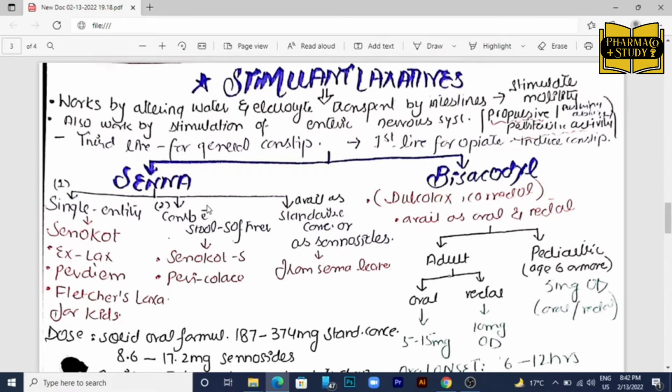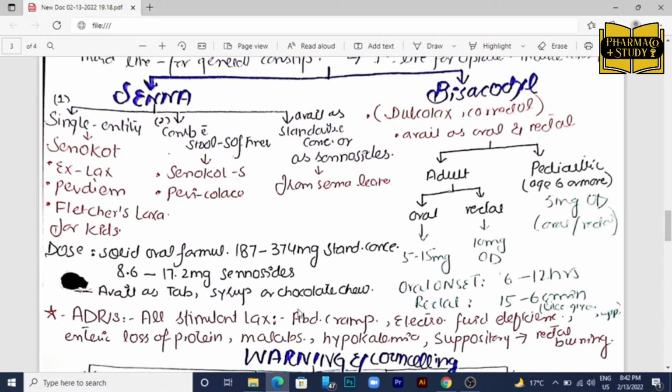I have written these brand names so you know they are available, whether as a single entity like Senokot, as Senokot-S with stool softeners, or in standardized form. So it is available in three different forms in the market: tablets, syrups, or chocolate chewable tablets.